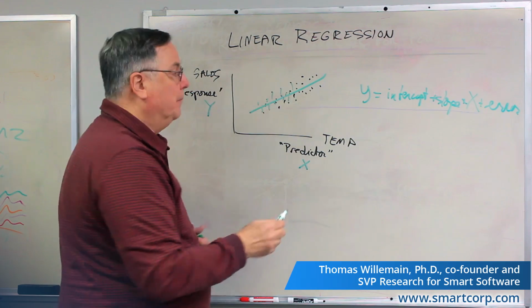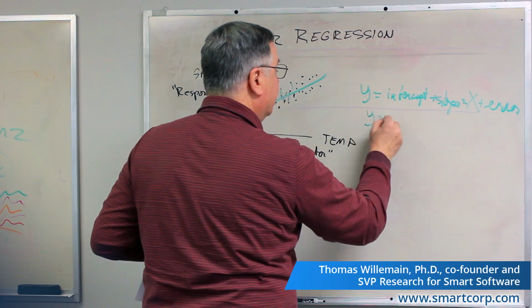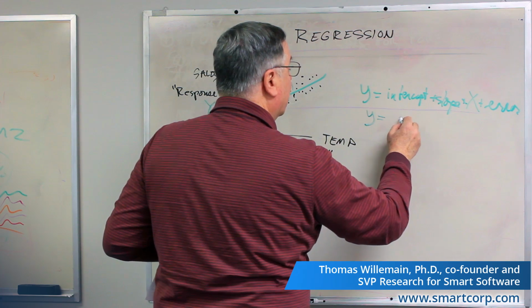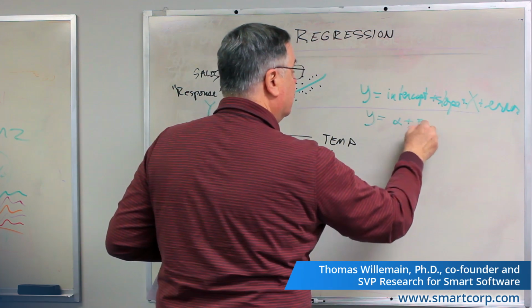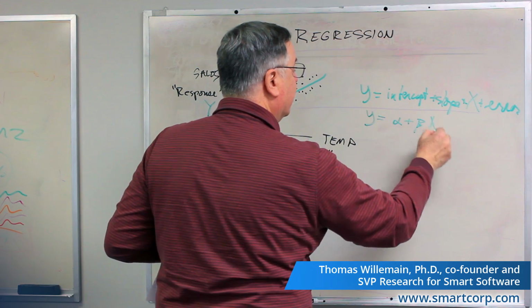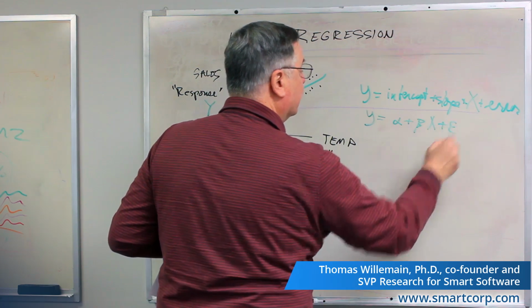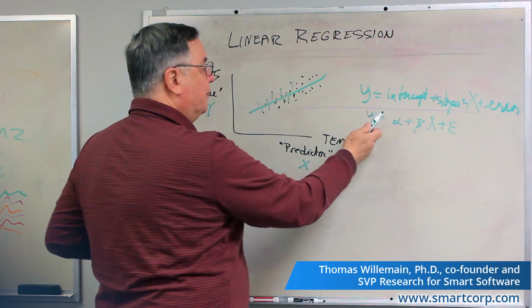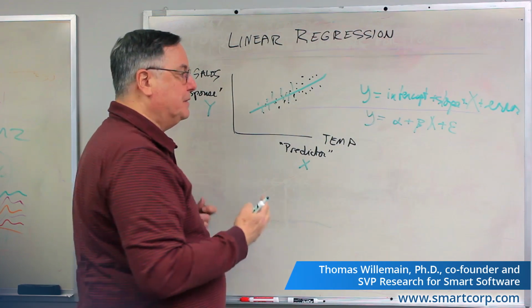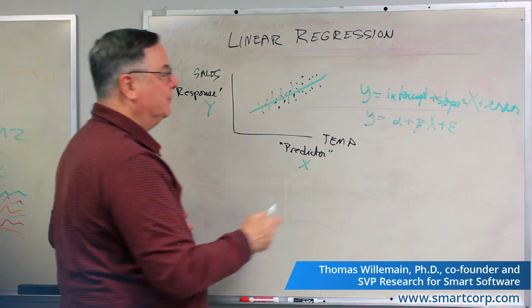And if we make this mathematical, we could say y is alpha, just some number, plus beta, another number, times x plus error, epsilon. This equation codifies the relationship between the predictor and the response.